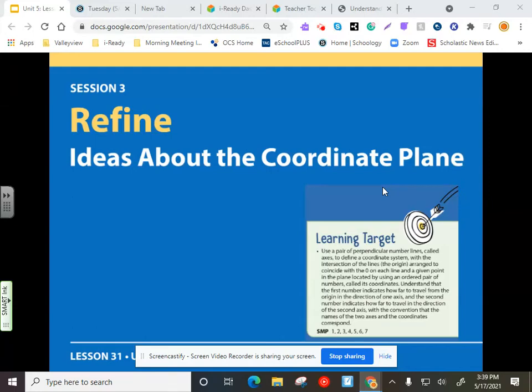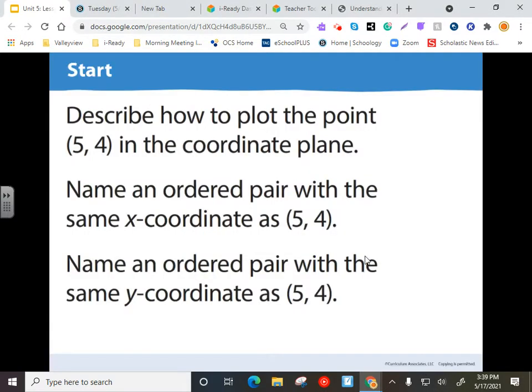All right, so it's the last session for lesson 31, and we'll continue with focusing on the coordinate plane and plotting our points and using ordered pairs. So let me just hide this here. All right, so it says describe how to plot the point 5, 4 in the coordinate plane.